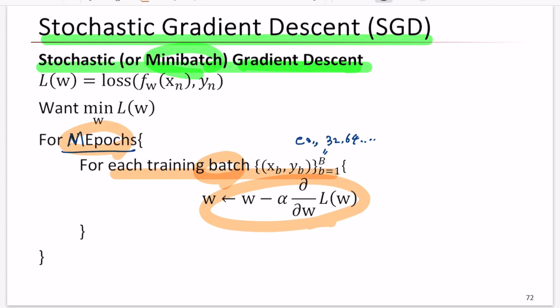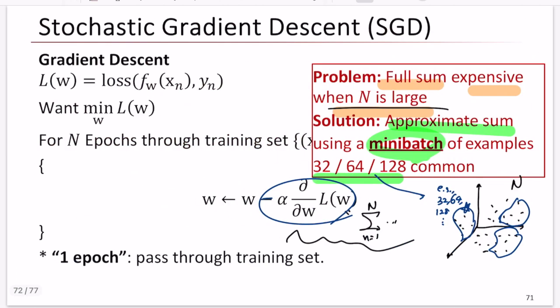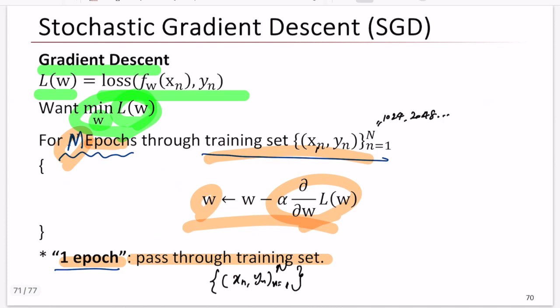For example, let's say your training sample size is 1024, and you are interested in updating your parameters 500 times. In original gradient descent, your W is updated 500 times, right?